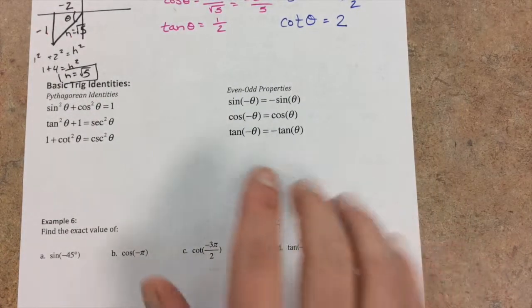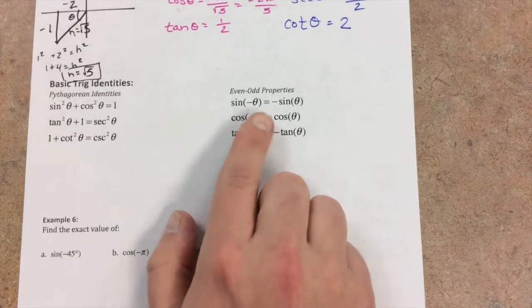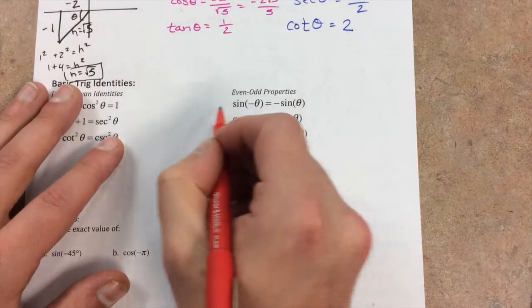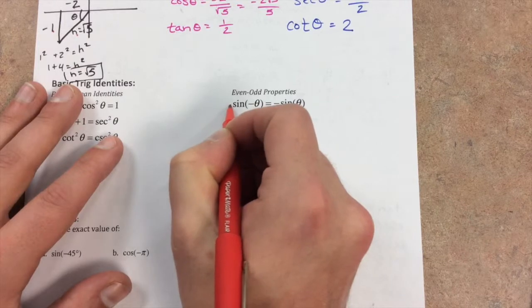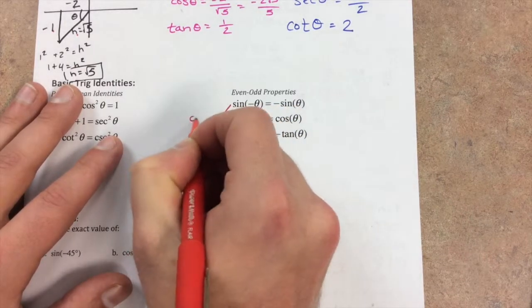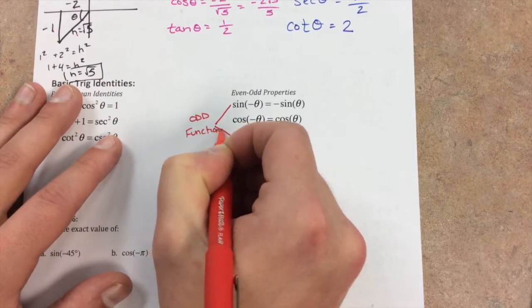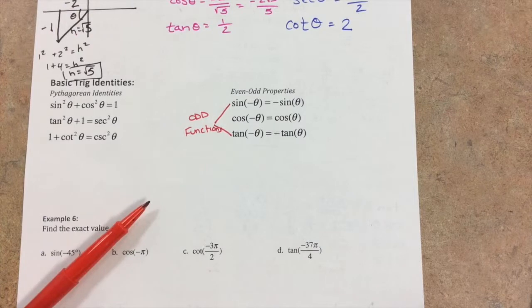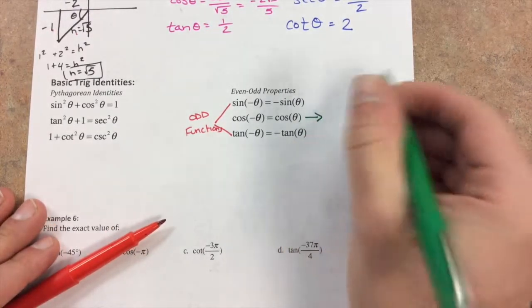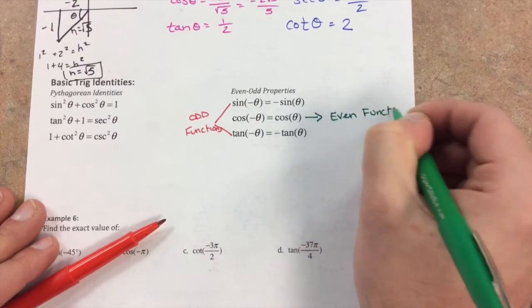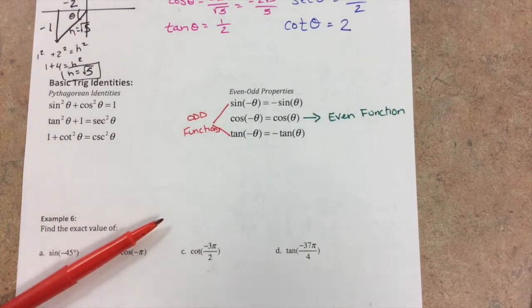But what should sound familiar to us is the even and odd properties of sine, cosine, and tangent. What I want to make apparent to you is that sine and tangent are odd functions, which means they're symmetric about the origin. We've done that since level 2. Cosine is an even function, which means that it's symmetric about the y-axis.